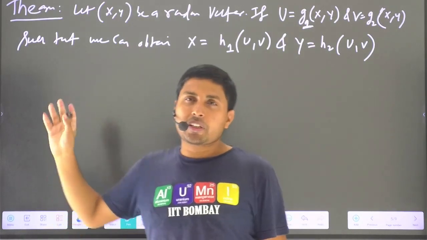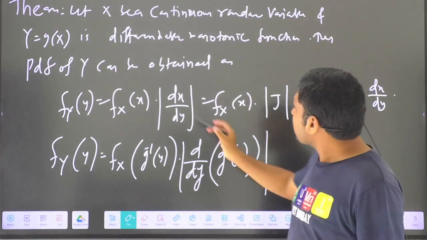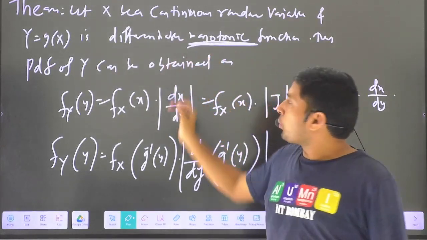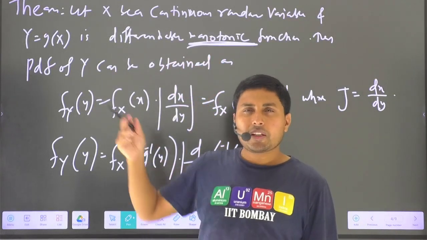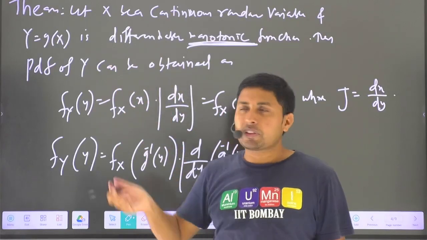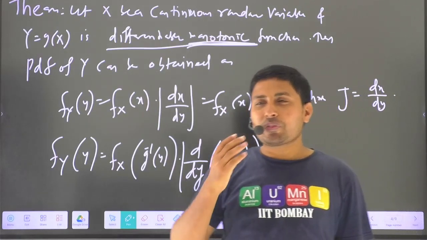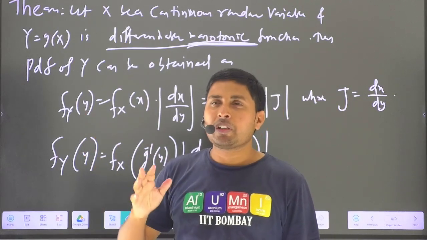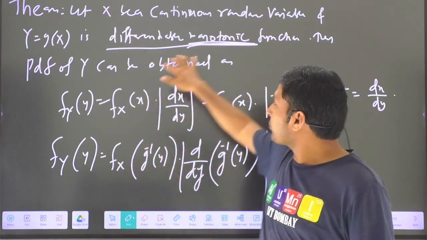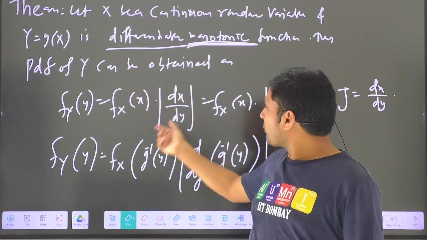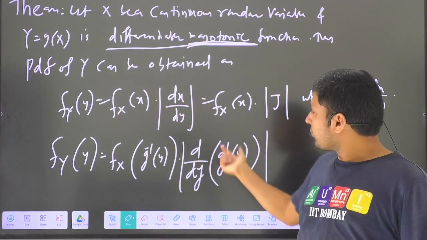That's why we have taken this restriction, monotonic. A monotonic function is invertible, it will have a unique inverse. So this condition is applied here so that you can get the unique inverse of this.